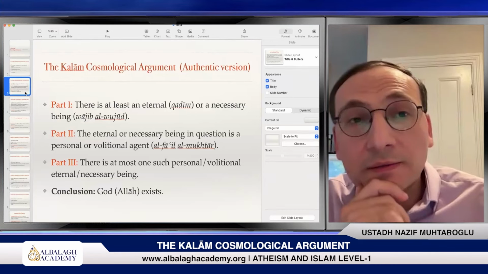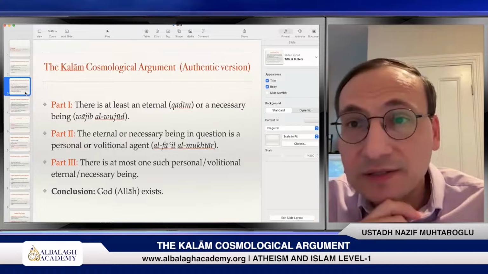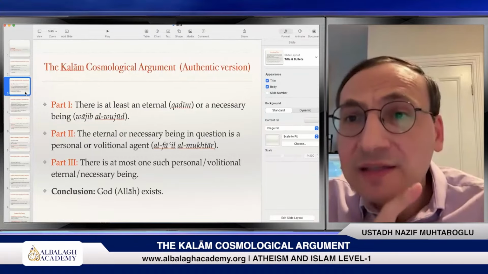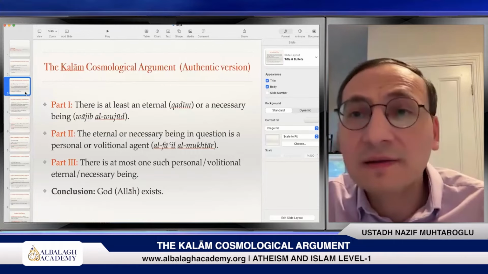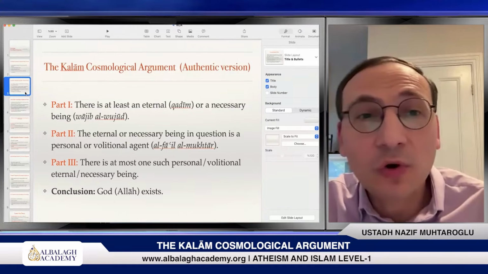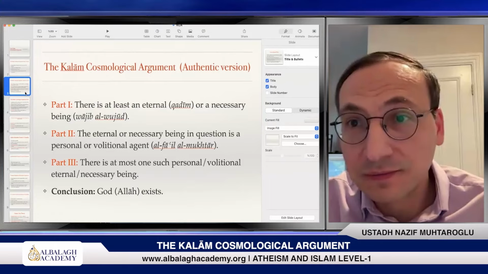And the general structure of the arguments in the Kalam text for the existence of God mainly has 3 parts. The first part aims to establish that there is at least one eternal or necessary being, which is the ultimate cause.